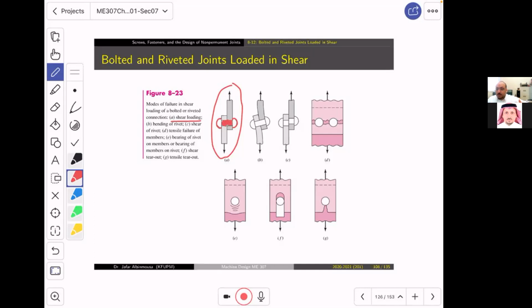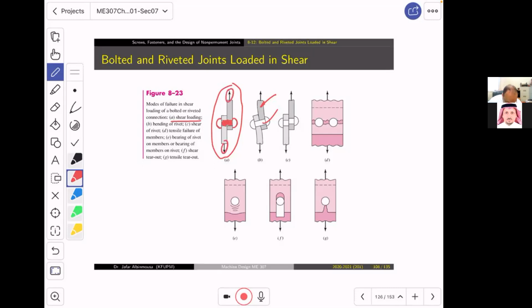So what happened is that we can have different situations. For example, if the rivet happened to be stronger than the material itself, then by doing that loading, which is a shear loading, what happened?